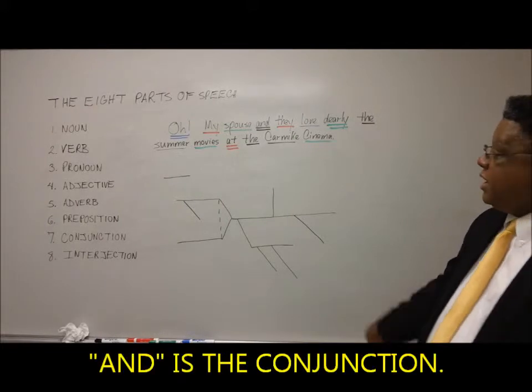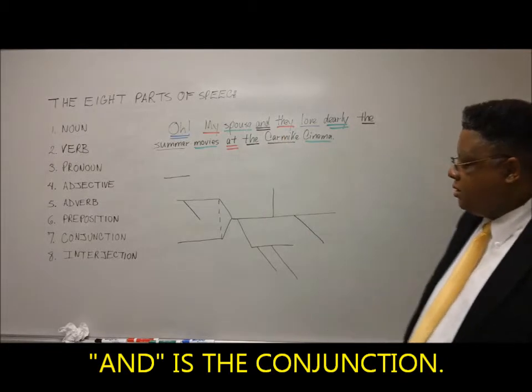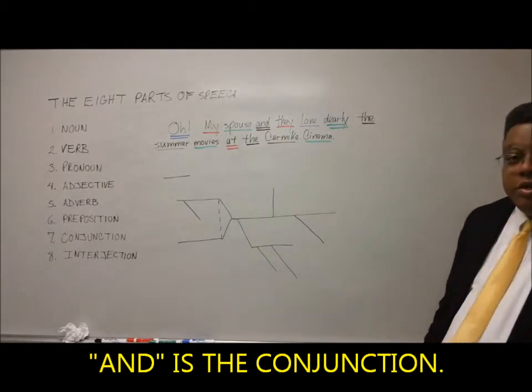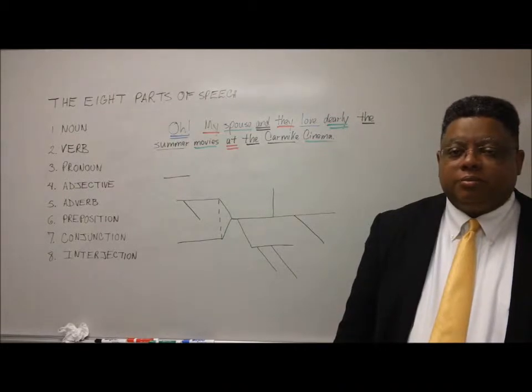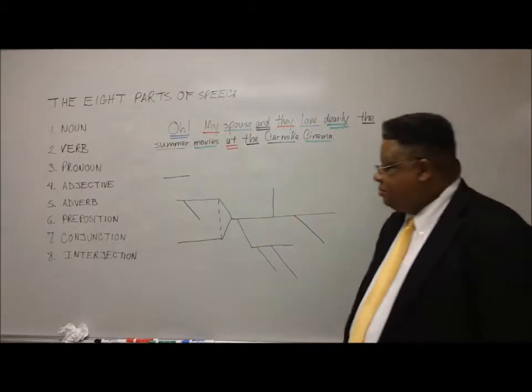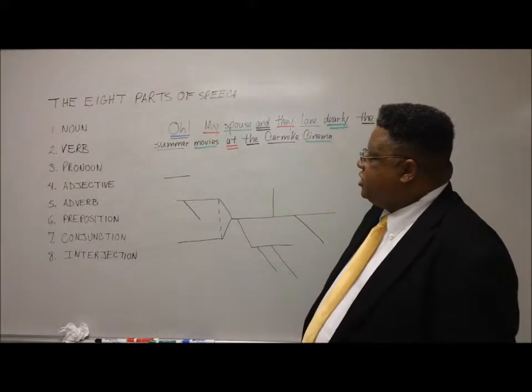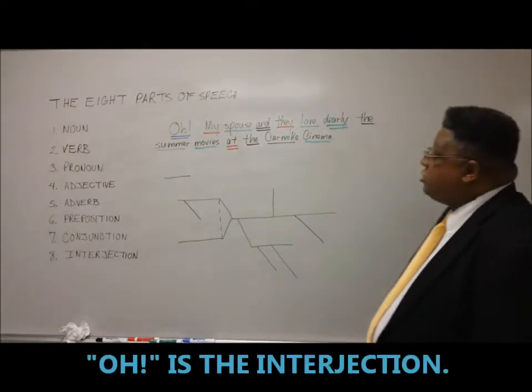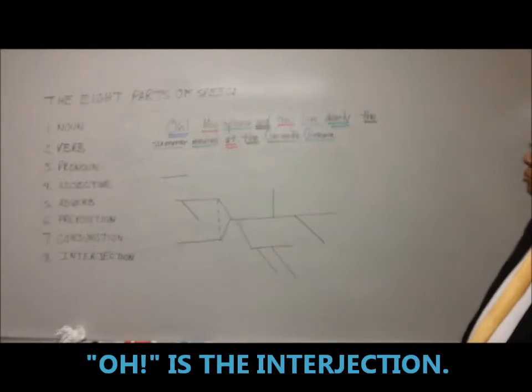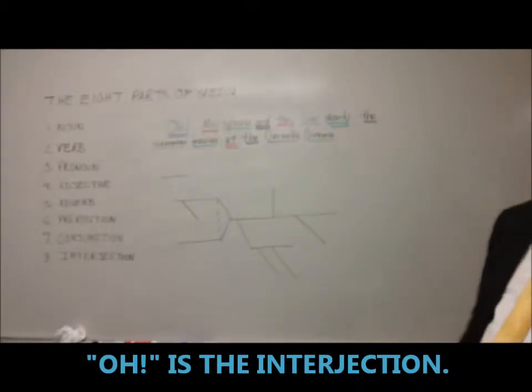It's the word and. Now, are there any interjections? Yes, there is. One interjection, underlined twice in blue, the word O, exclamation point. Now, those are the 8 principal parts of speech.